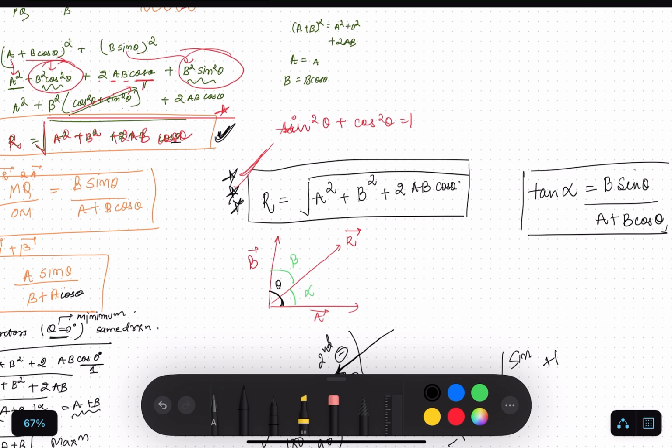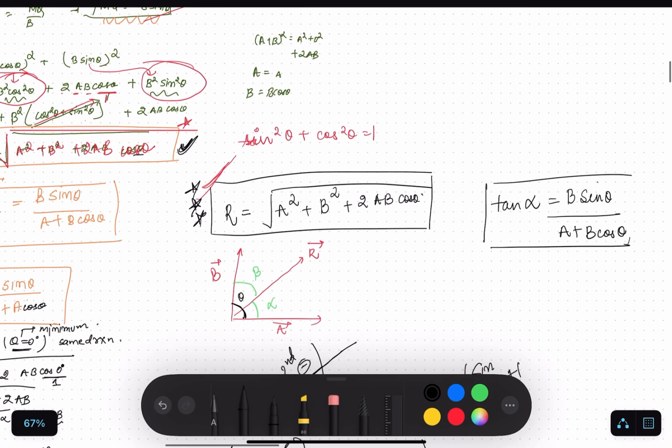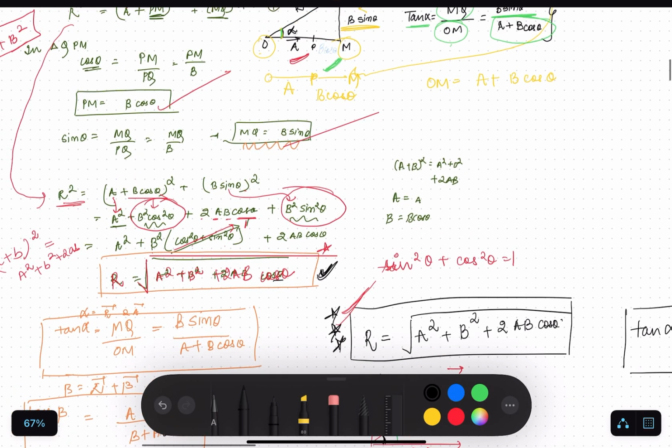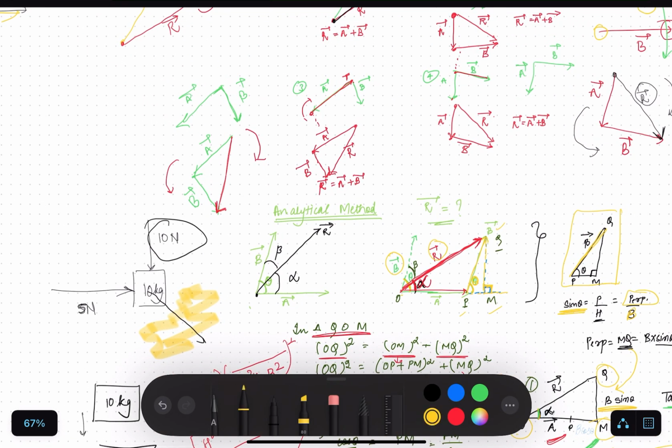Now you'll say, ma'am, how are we going to get the angle beta? Simple. If you have angle theta and you have angle alpha, you can simply calculate beta as well. But if you want a formula for angle beta, I repeat the same procedure on the opposite side, that is, I would shift this vector A over here, then extend this line, and then draw a perpendicular from here, then solve the whole diagram in the opposite direction.